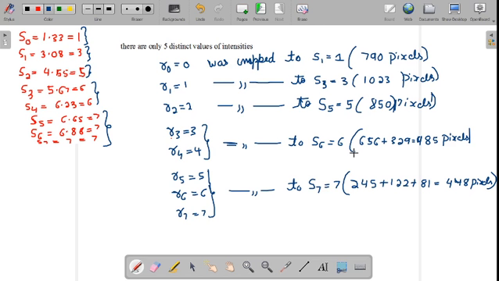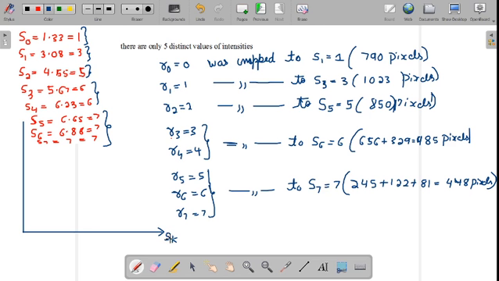Now we need to draw the output histogram, which is the equalized histogram. What we need to do is take the x-axis and the y-axis. Here the output is S, the domain is Sk.